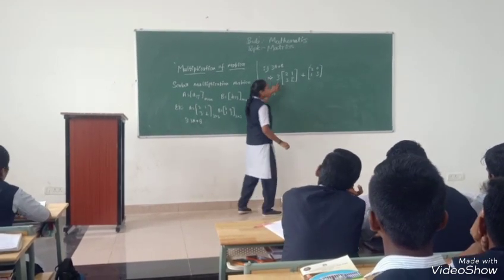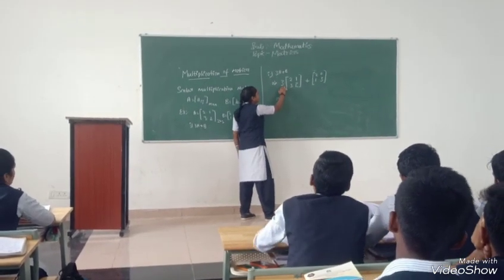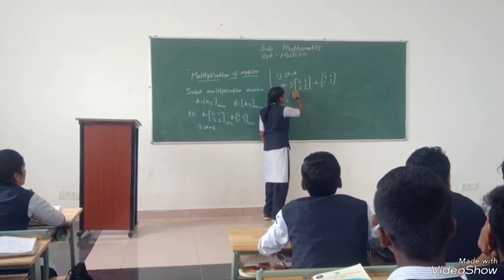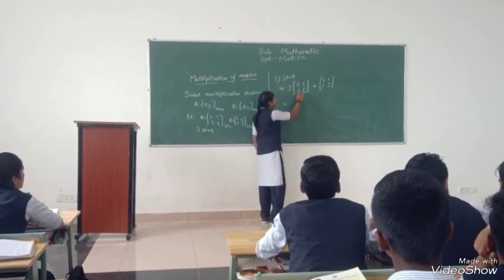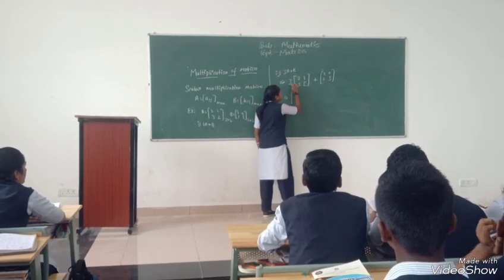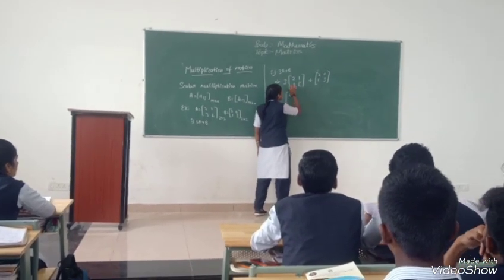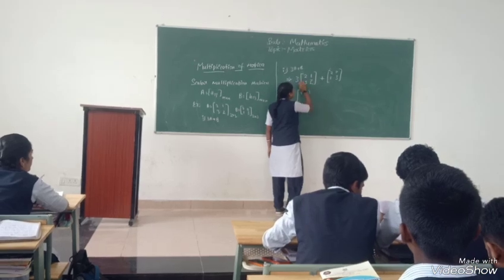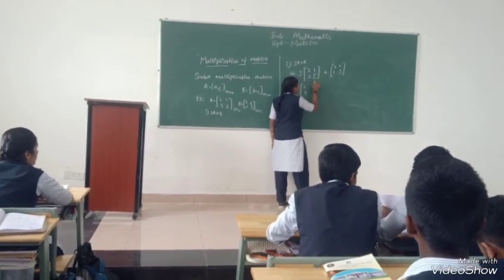Here, this is a scalar entity that is directly multiplied with these matrices. 2 into 3 means 2 threes are 6, 3 ones are 3, 3 threes are 9, 3 twos are 6.